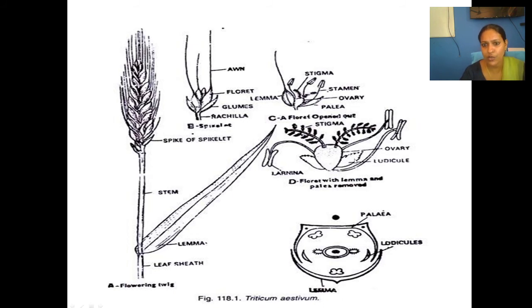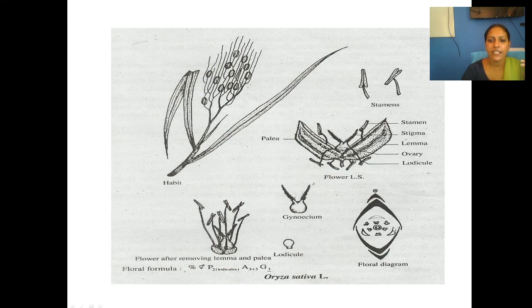See the interesting lodicule supporting our ovary. And this is the diagrammatic representation of the floral diagram with palea and the lodicules. See the 2 lodicules, and this is the sterile, abortive chamber. You could see this is a basal placentation, okay, and this is the diagrammatic representation of Oryza sativa.